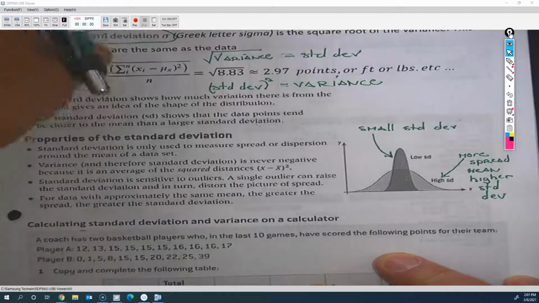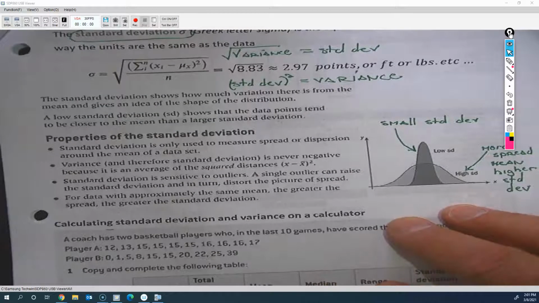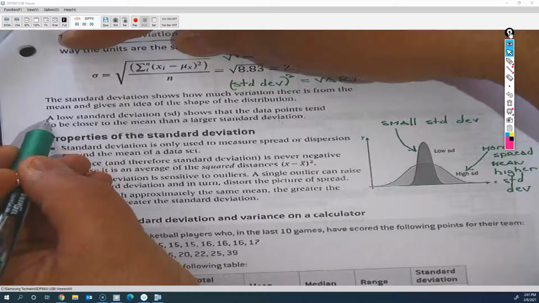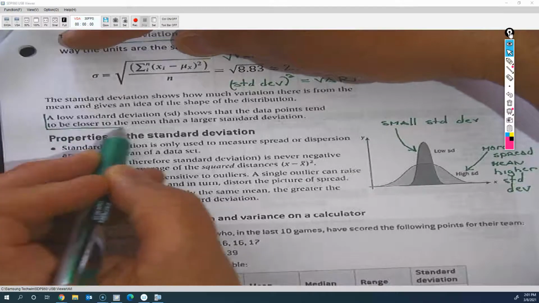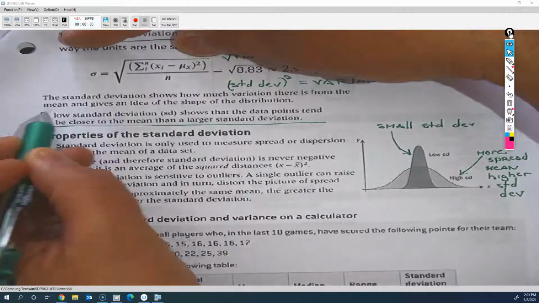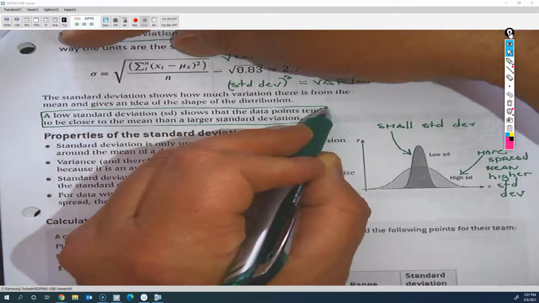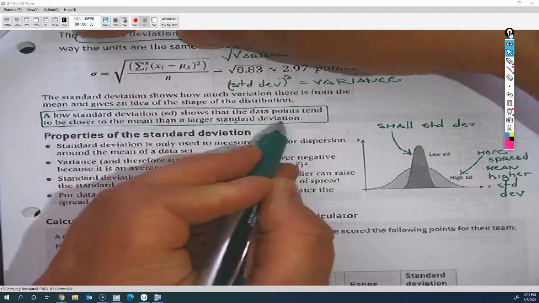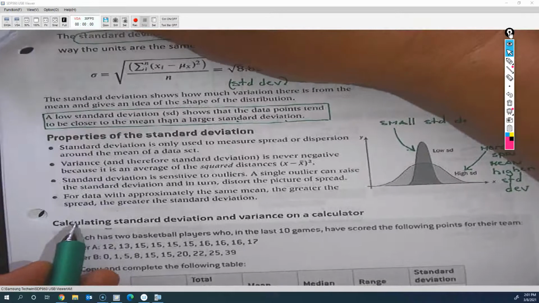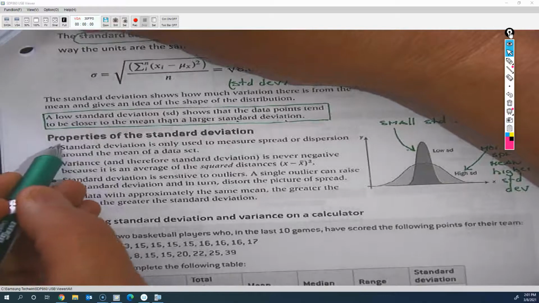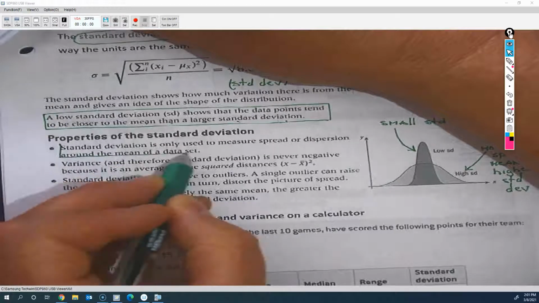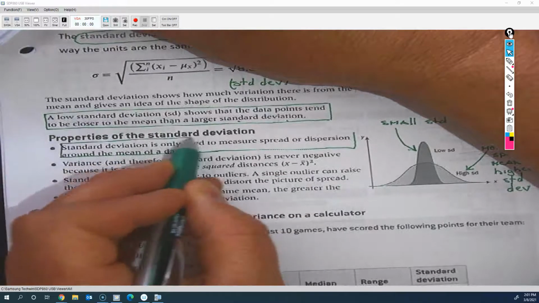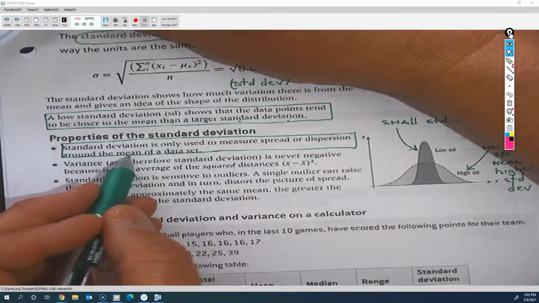Okay, some other important properties of standard deviation. I would underline this or put a box around it. Low standard deviation shows the data points tend to be closer to the mean than larger standard deviations. Standard deviation is used to measure the spread around the mean.